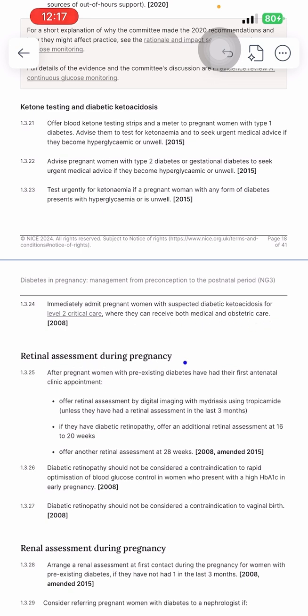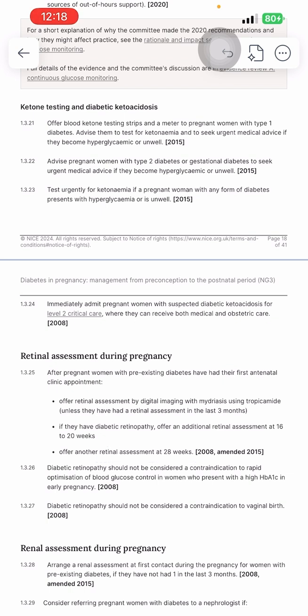Retinal assessment during pregnancy. Offer pregnant women with pre-existing diabetes retinal assessment by digital imaging with mydriasis using tropicamide at their first antenatal clinic appointment, unless they have had a retinal assessment in the last 3 months. If they have diabetic retinopathy, offer additional retinal assessment at 16 to 20 weeks. Offer antenatal assessment at 28 weeks.